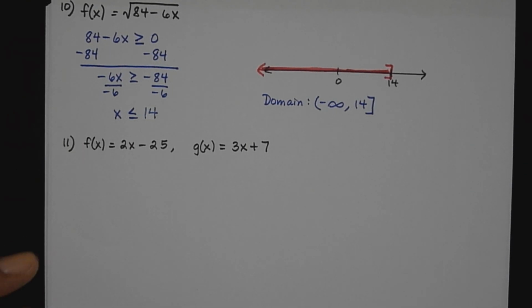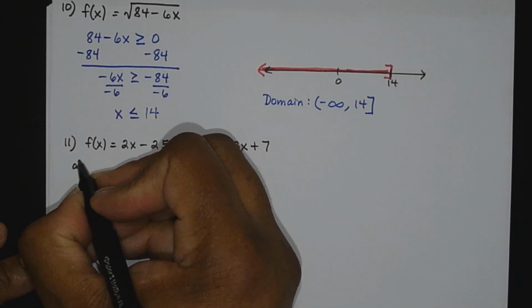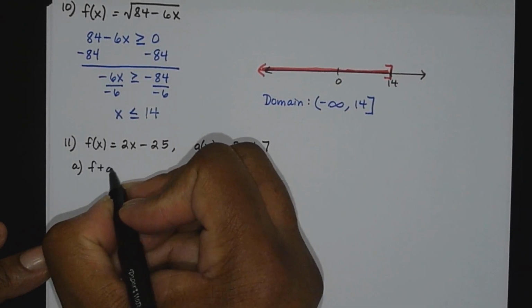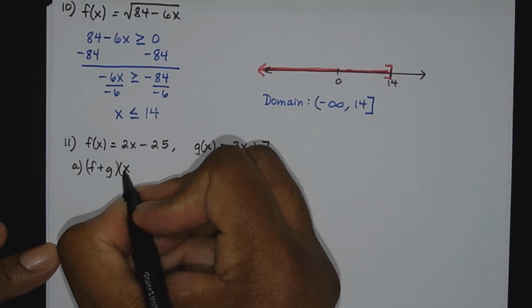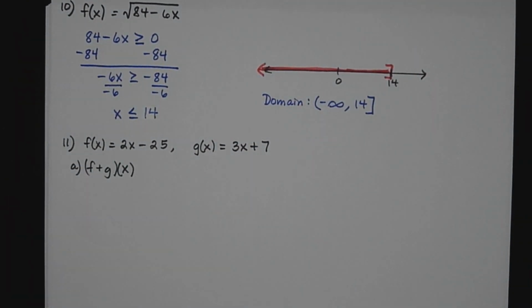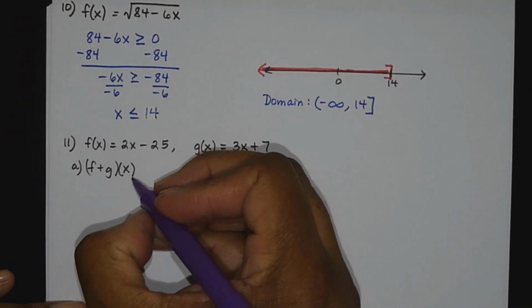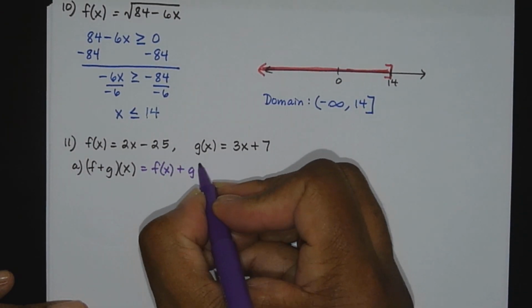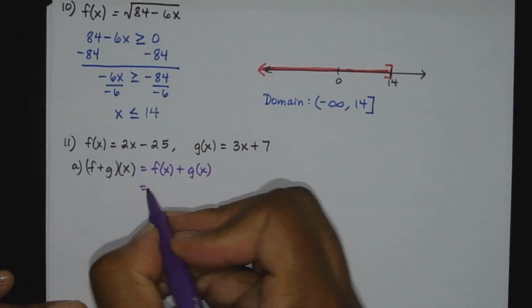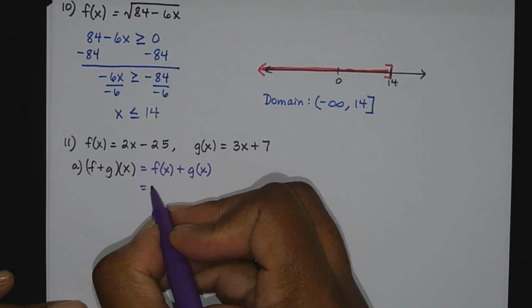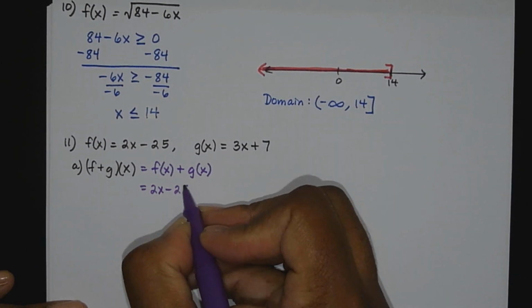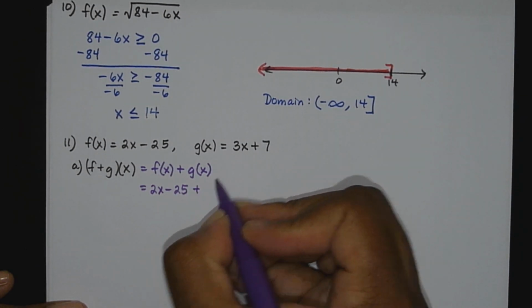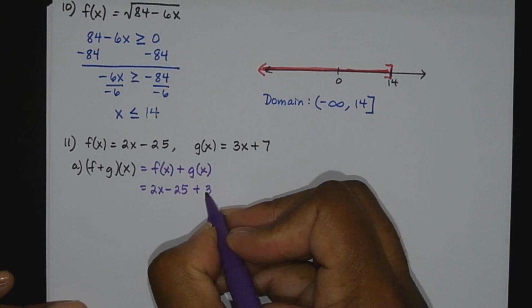And in part A, we're finding f plus g of x. So we're finding the sum of these two functions together. So this is f of x plus g of x. And here we just replace the f of x with 2x minus 25 plus replace the g of x with 3x plus 7.